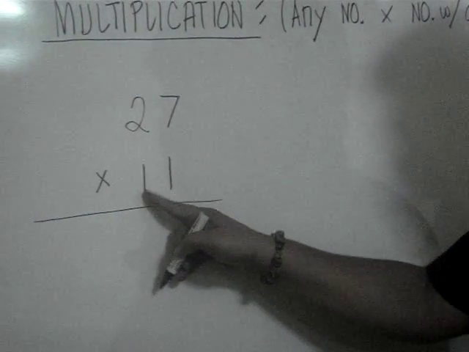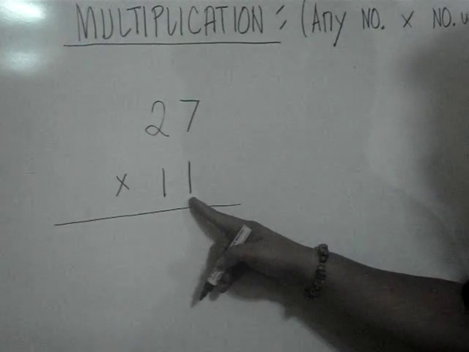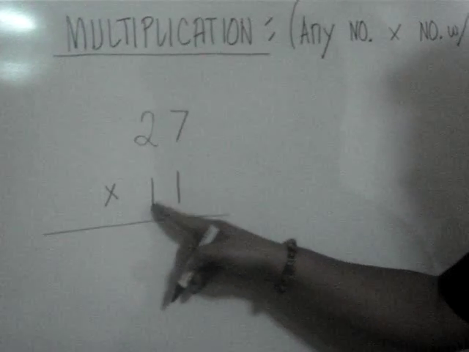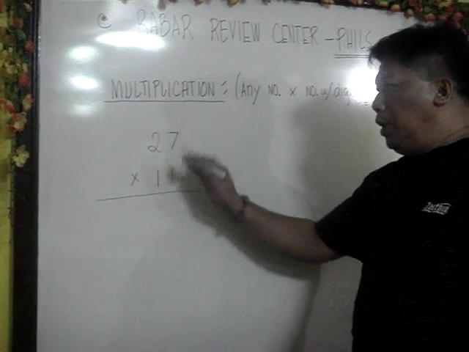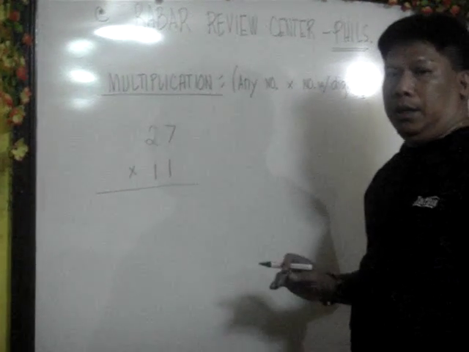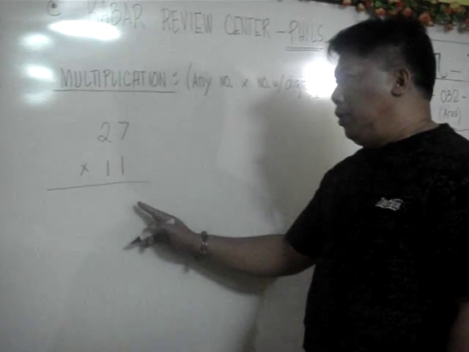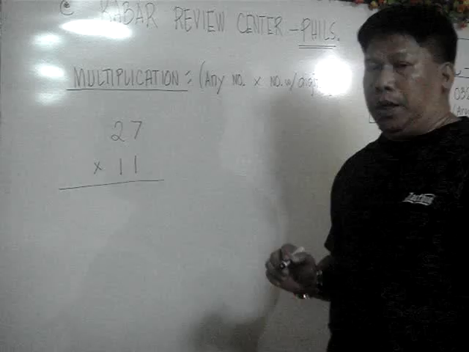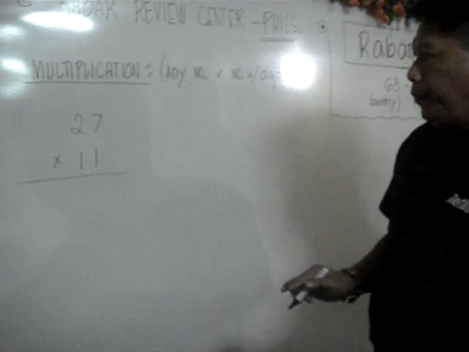In this case, there are two 1 digits as our multiplier. The number of 1 digits in the multiplier is very important for you to answer this directly without any further simplification. You can write it, even by your eyes, you can see the answer.